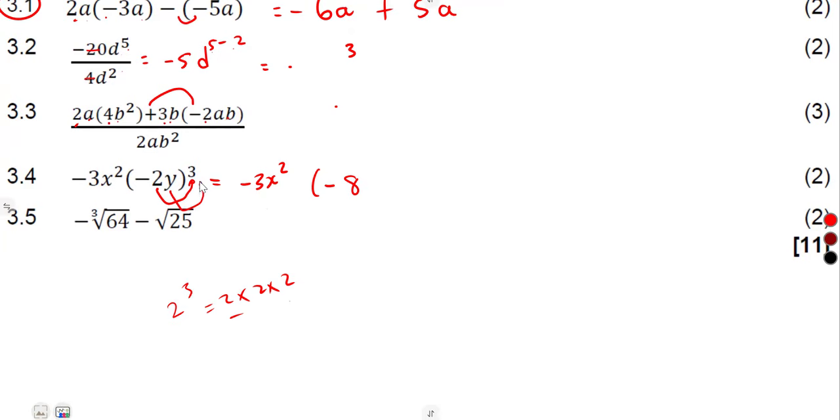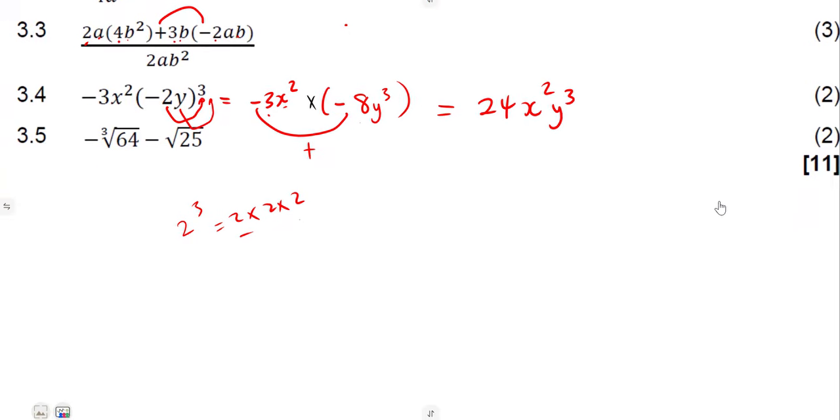Y is also raised to the exponent of 3. So this we can multiply, guys. This is simply times. Minus 3 times minus 8. Minus times minus, that's a positive. 3 times 8, that's going to be 24. X squared y to the exponent of 3. Remember, negative times negative is a positive. Just like that.